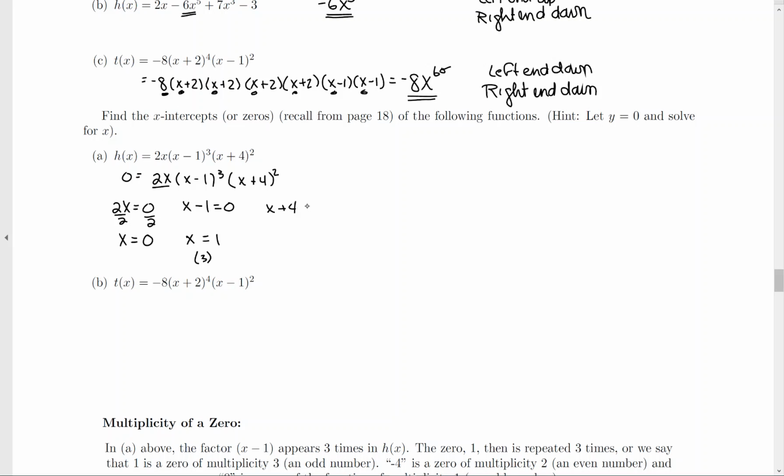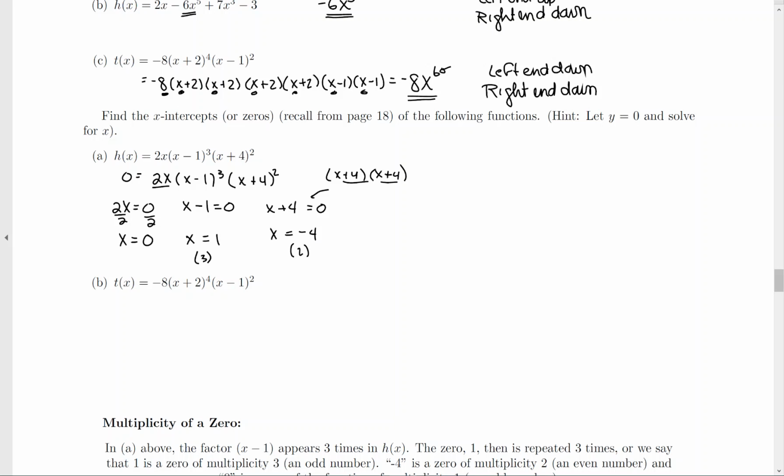I don't need to put the power of 2 on there because that's just saying x plus 4 times x plus 4. And if I set each of those factors equal to 0, I would get the answer x equals -4 twice. All right, so I don't have to worry about the power right now. I just need to solve for x. So I have 3 different x-intercepts here, 0, 1, and -4.